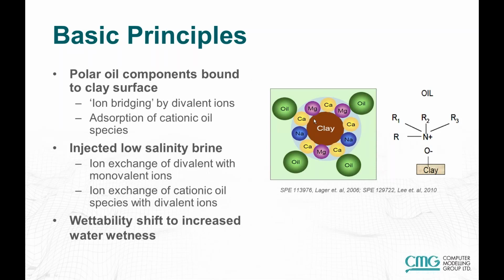The ion bridge is composed of magnesium, calcium, sodium. Once the low salinity water is injected, it causes the ion exchange, the sodium exchanging with calcium, which would reduce this ion bridge and release some of these bound oil particles, which would result in a lower SORW and a shift to more water wet.